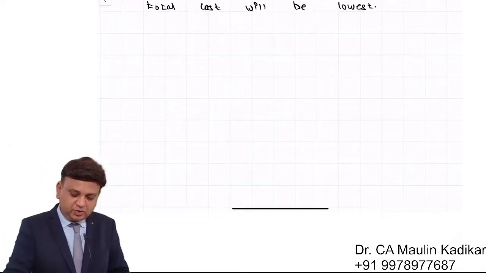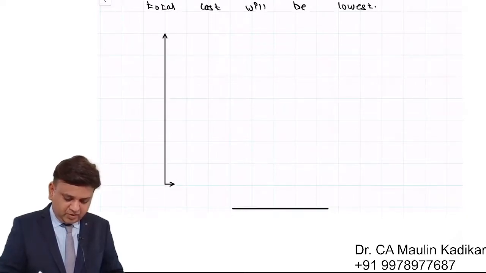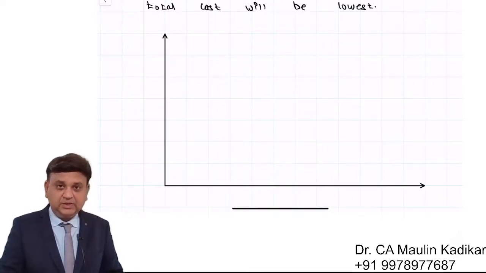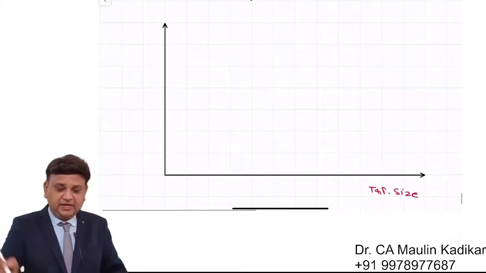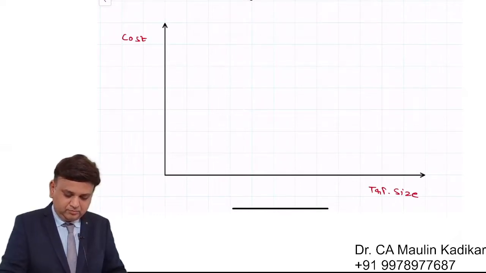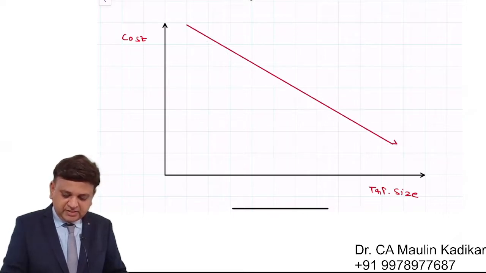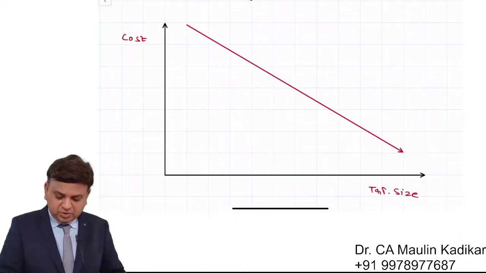I request all of you to draw the diagram. On x-axis we will have this same transfer size. And on y-axis we will have cost. So with the increase in the transfer size, number of transfers will reduce, so the total transfer cost will also reduce.